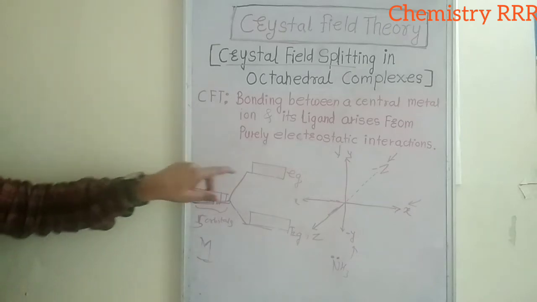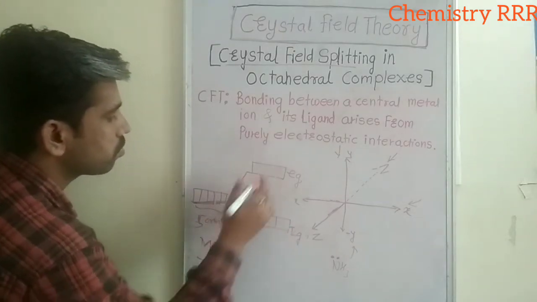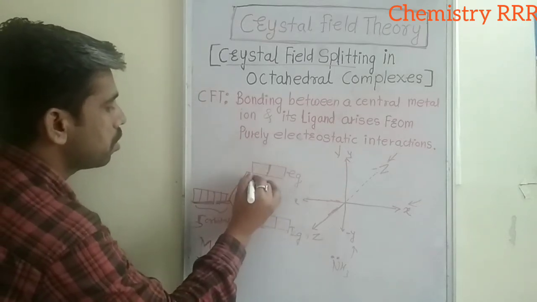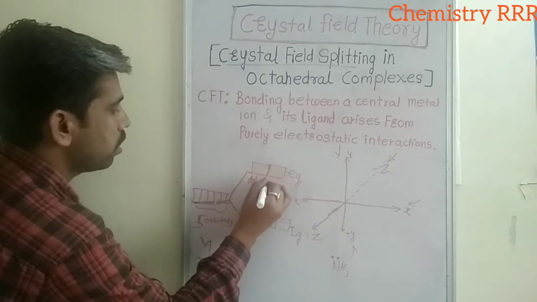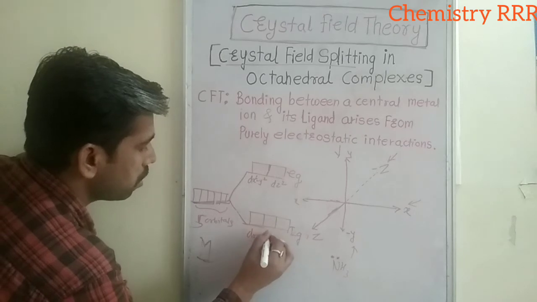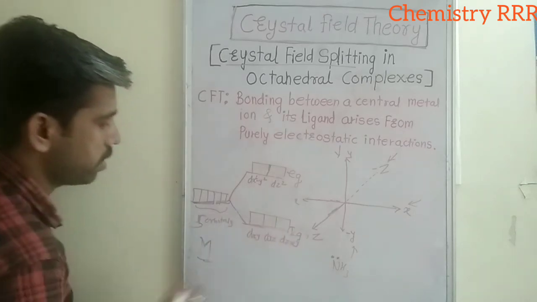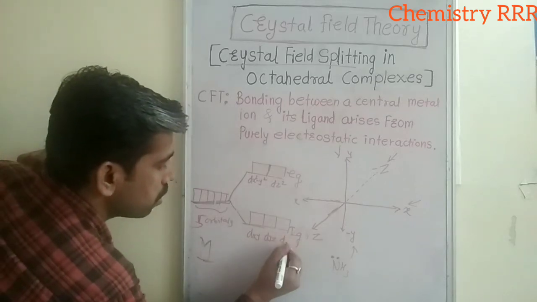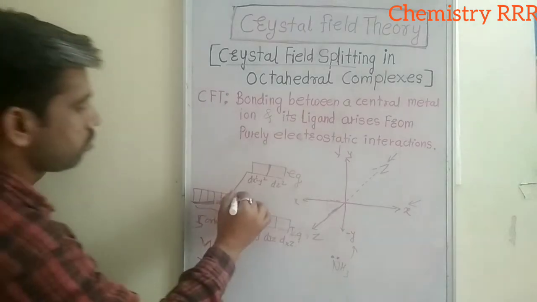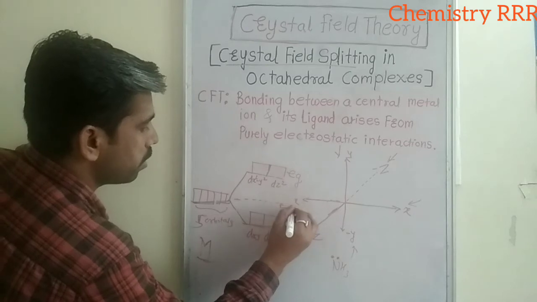Clear? Now these two orbitals are dx square minus y square and dz square. Here are dxy, dyz and dzx. We can also write dxz. Now this line is called the barycenter.